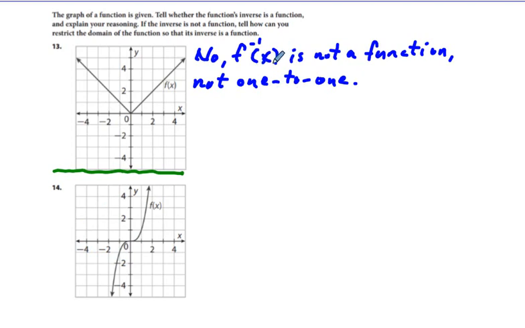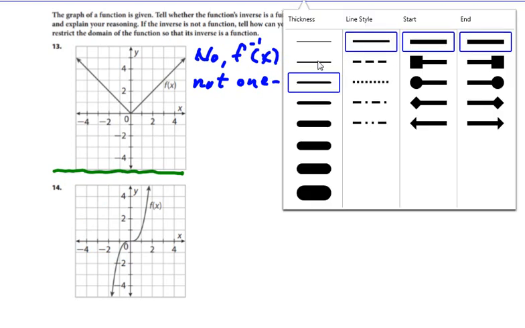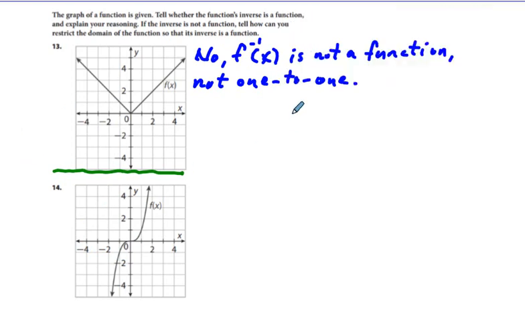Anyway, how can you restrict its domain is the next thing they ask. Well, to restrict the domain, if we just take pieces of this function where it is one-to-one, then the inverse of that piece will be a function.